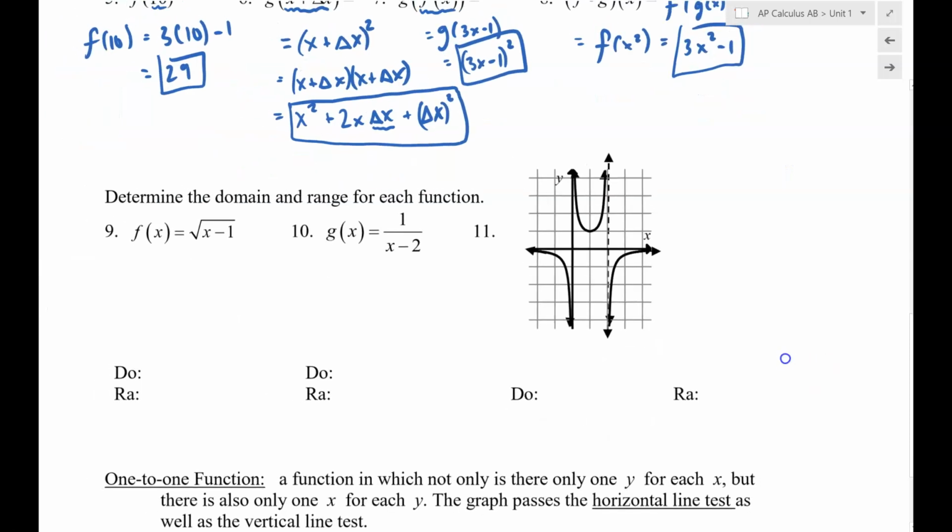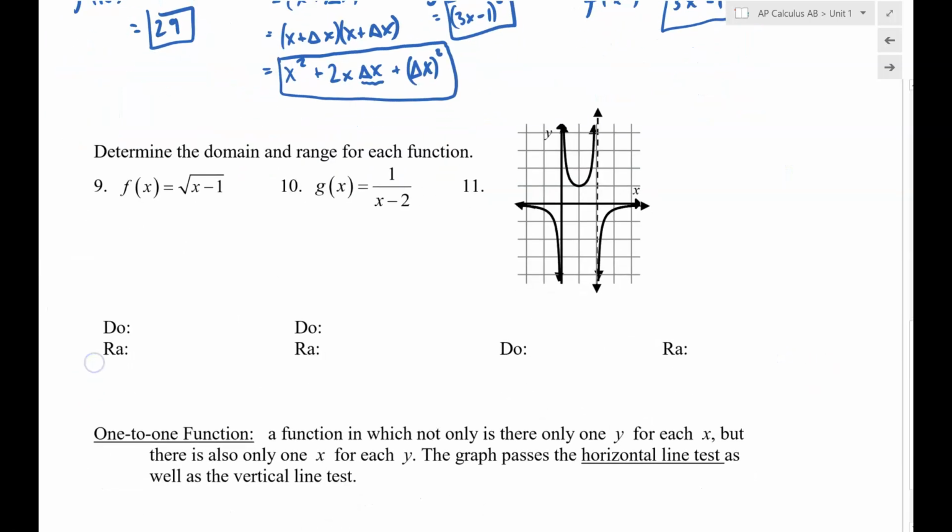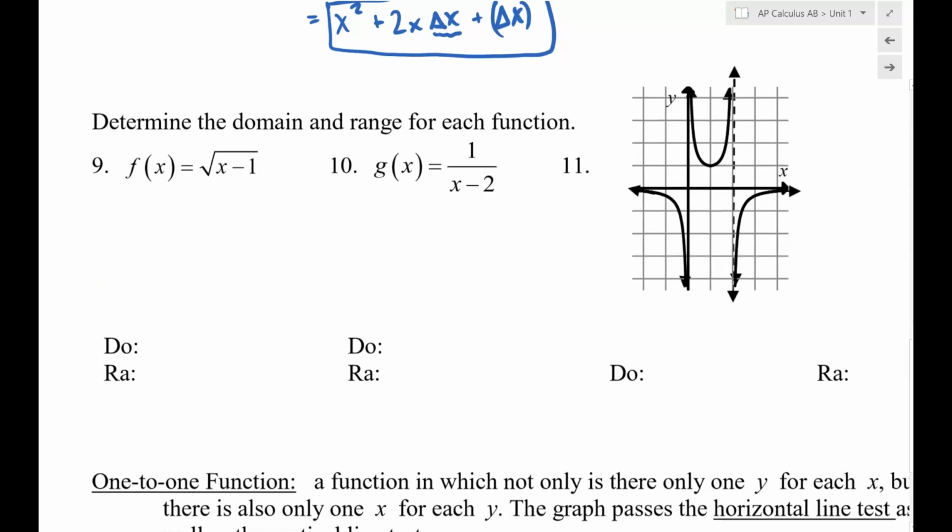Okay, next, domain and range. Determine the domain and range for each function. Remember, domain is your x values and range is your y values. So for number 9 here, you have to think about, with square root functions, what are our restrictions, right? In our radicand, this has to be greater than or equal to 0. I can't have negatives, which will produce imaginary values.